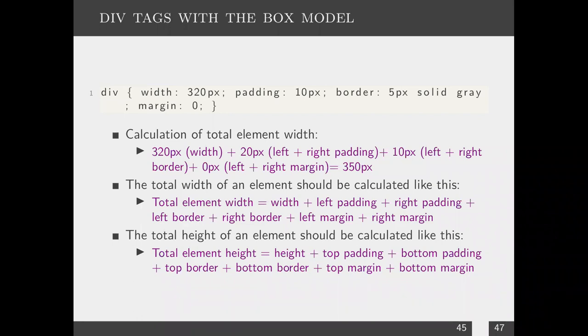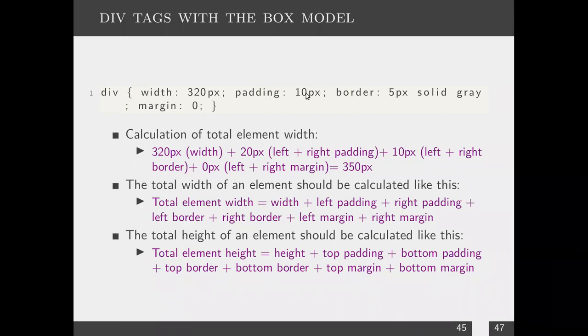Now, you see the width here. For example, in this case, our width is 320 pixels. So that's the width of our div. If I wanted to know the total width of the element, first of all, I add the width because it has a width. Plus, I add the padding. They are saying 10 pixels with only one value.